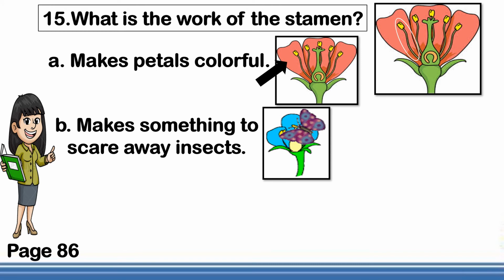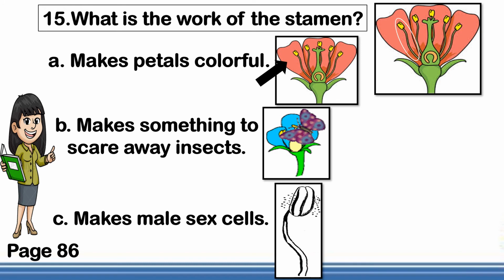Letter B, makes something to scare away insects. Or letter C, the stamen makes male sex cells or pollen grains.